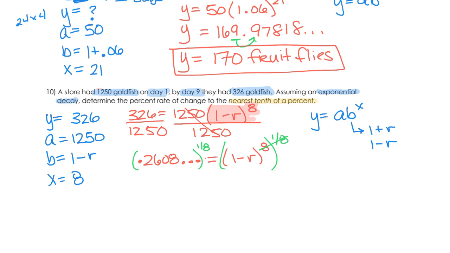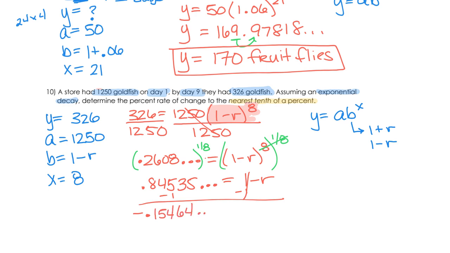On this side, when I type it in, I get 0.84535 dot, dot, dot equal to a 1 minus r. I'm going to go ahead and subtract 1 to get rid of that 1. And I am left with a negative 0.15464 equal to a negative r.